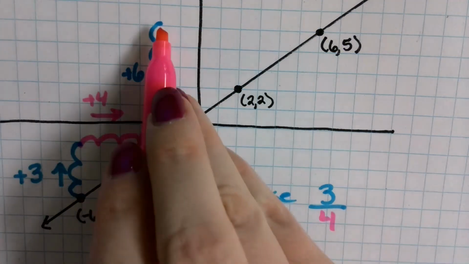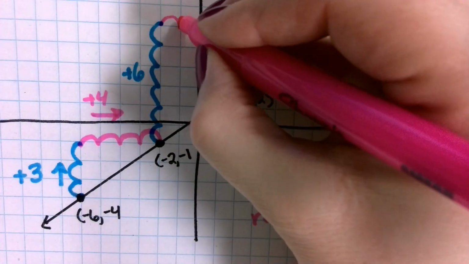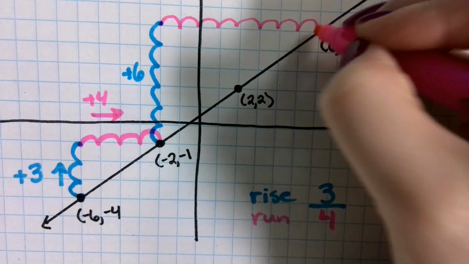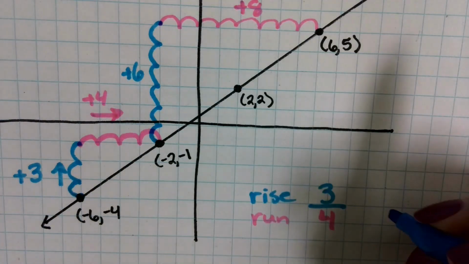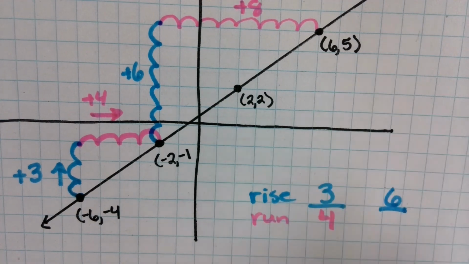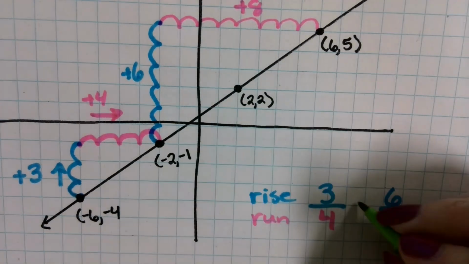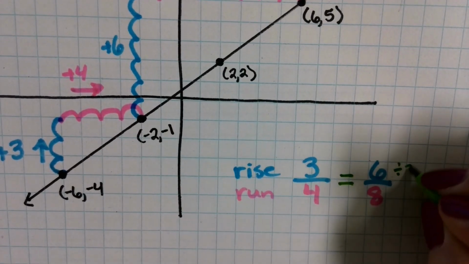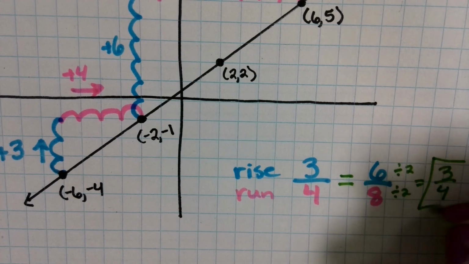And I'd have a run of 1, 2, 3, 4, 5, 6, 7, 8. A positive 8. But that is the exact same thing. 6 over 8 is the same thing. It's just not simplified. But we know that we can divide this by 2 and divide this one by 2. It'll give us 3/4. Okay?